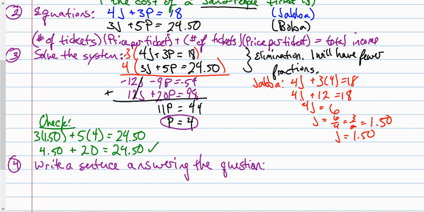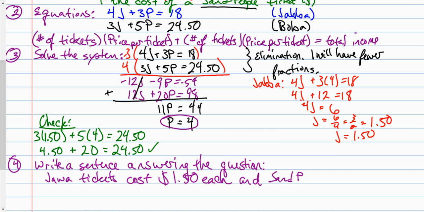So to do that, we would simply state that Jawa tickets cost $1.50 each, and SandPeople tickets cost $4 each.